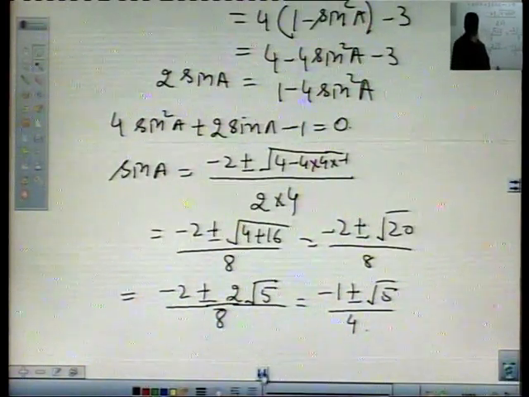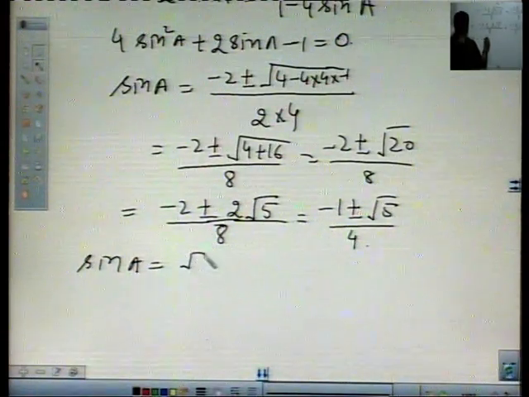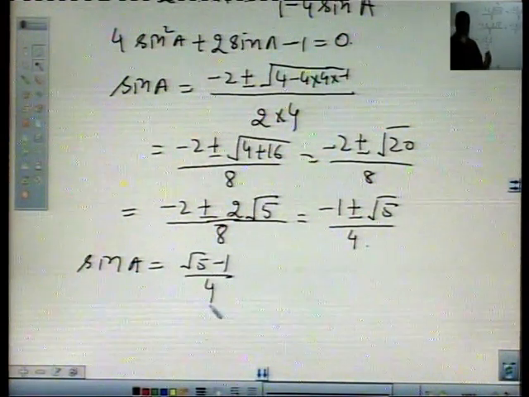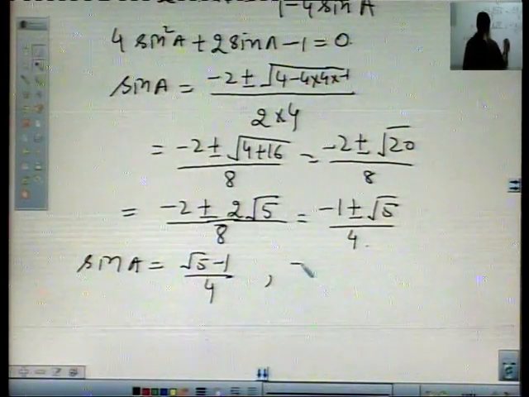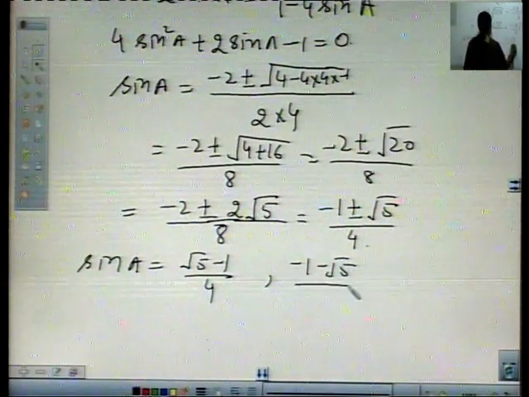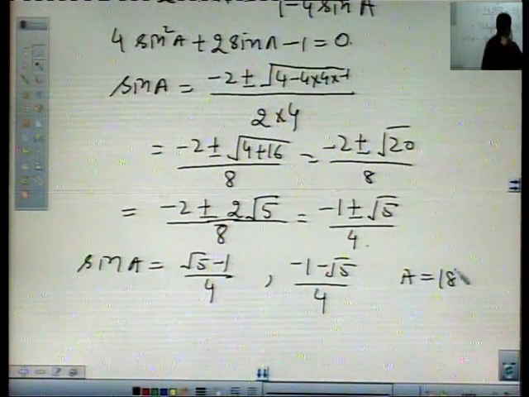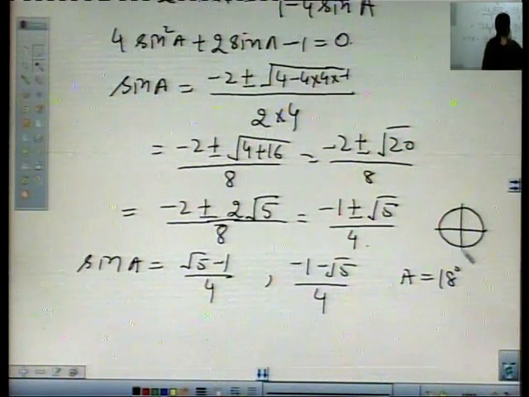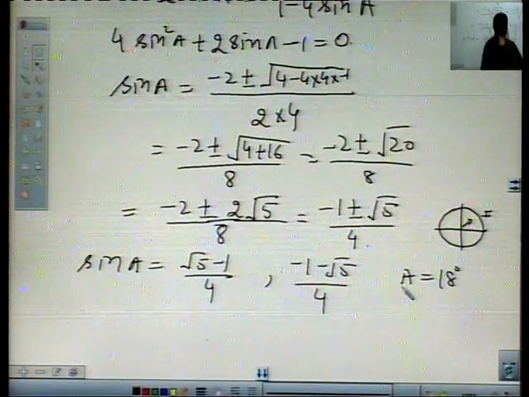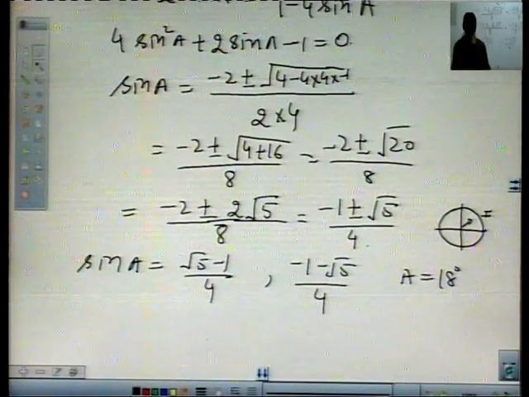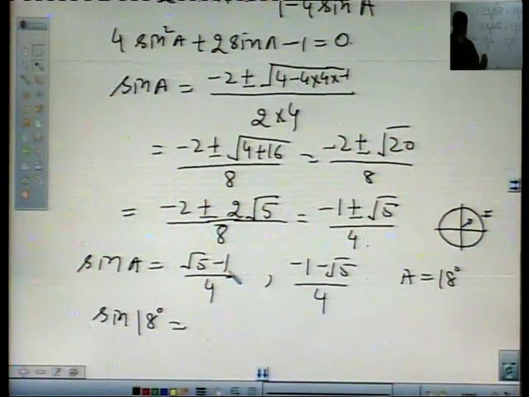Hence there are two values of sin A. One is root 5 minus 1 upon 4 and another is minus 1 minus root 5 upon 4, because A is 18 degree and it lies only in the first quadrant, and in the first quadrant all ratios are positive, so we take only the positive value of this angle.